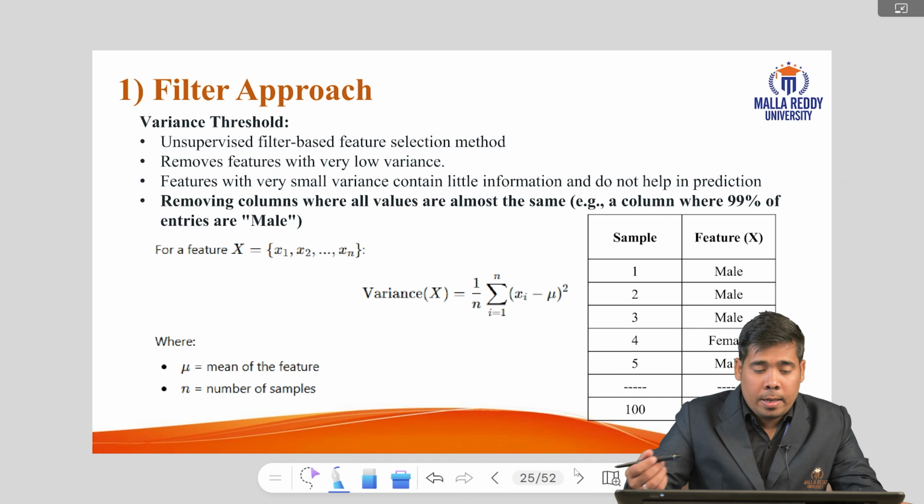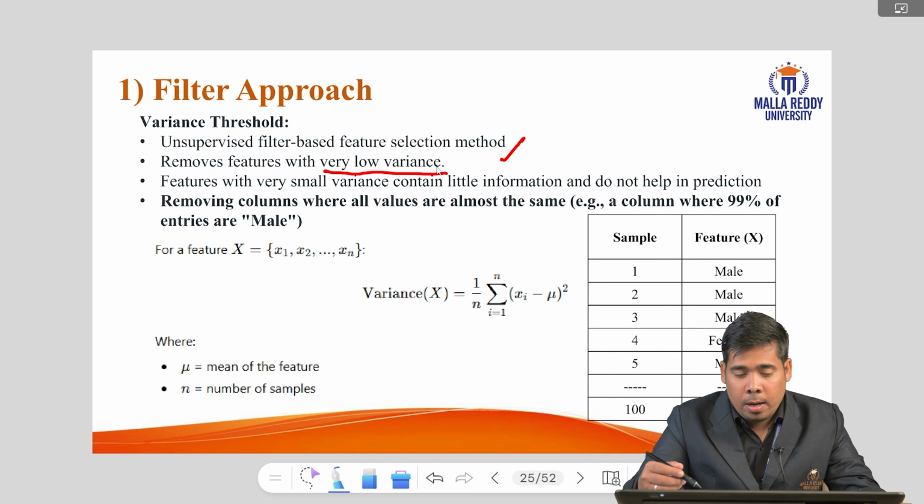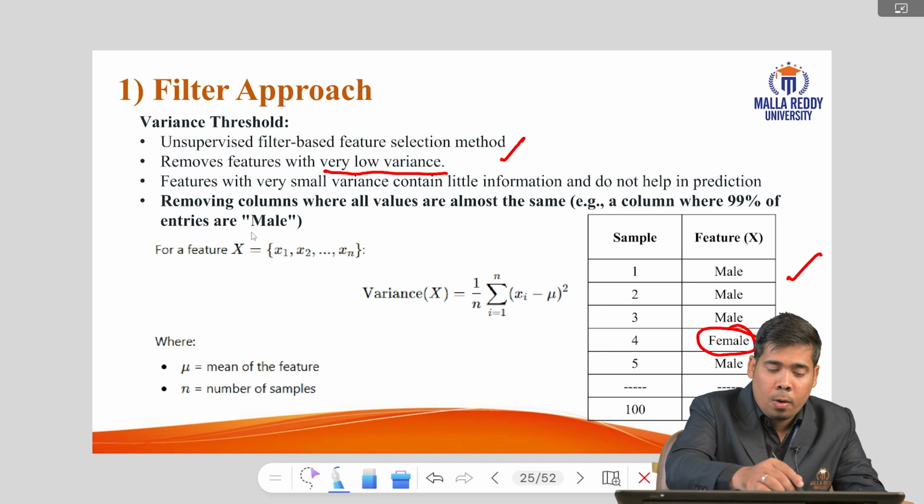So variance threshold is an unsupervised filter-based feature selection method. It removes features with very low variance. As you can see in this table, all the values are male except record number 4. So here we can see that 99% of the entries are male only.